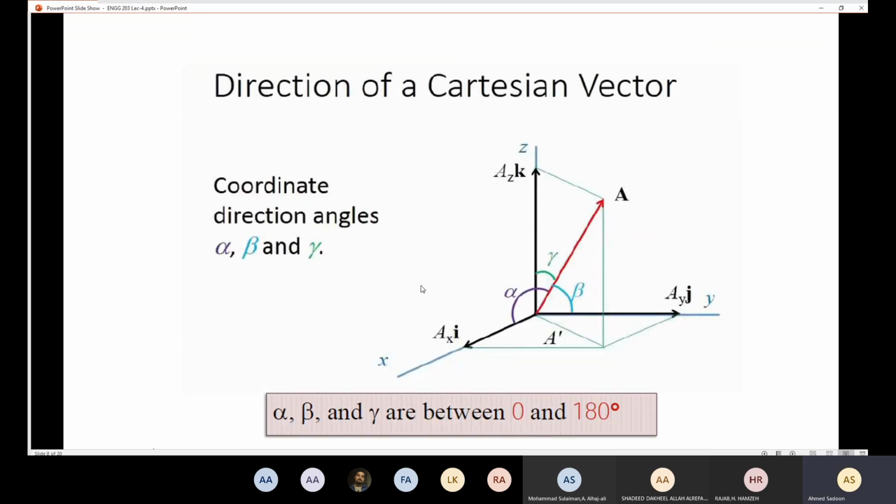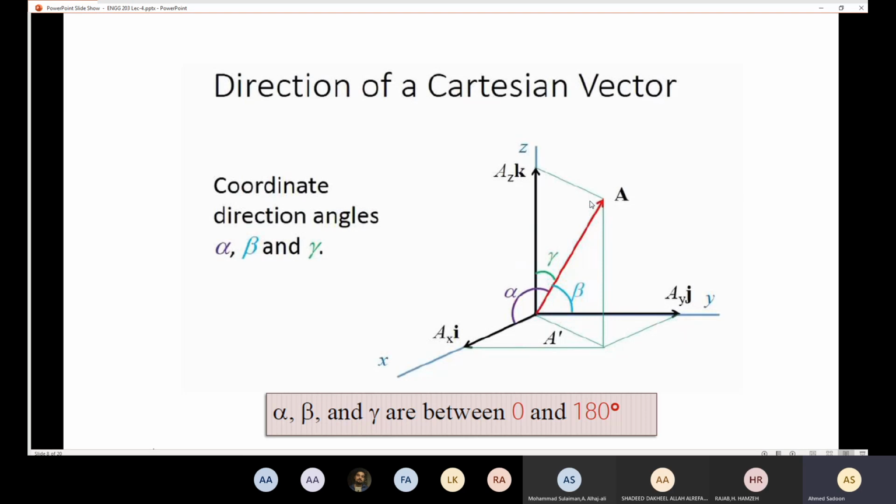And also we need to know the angles here. So we need to know the angles so that we can finish the Cartesian vectors. So we have 3 angles. We have alpha, we have beta, and we have gamma. Alpha is the angle between the vector A and the x-axis.